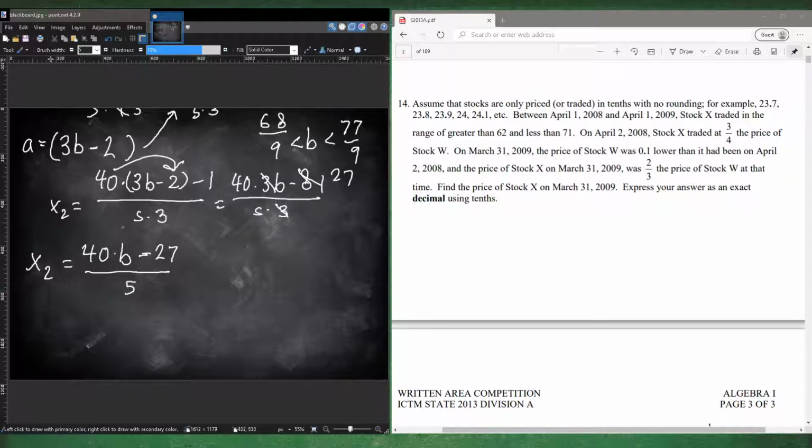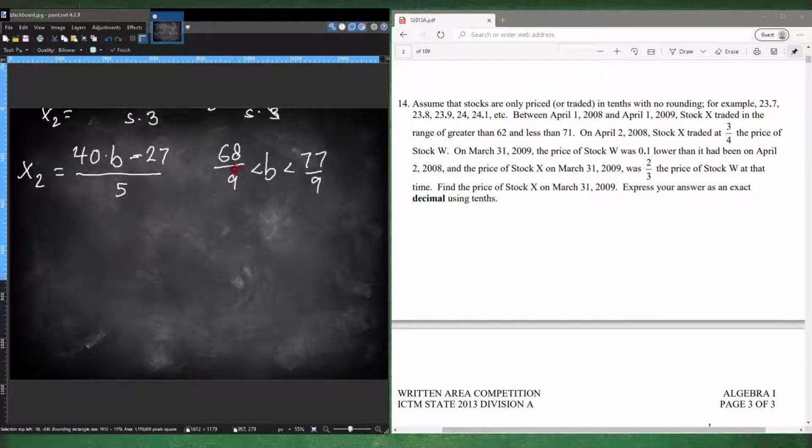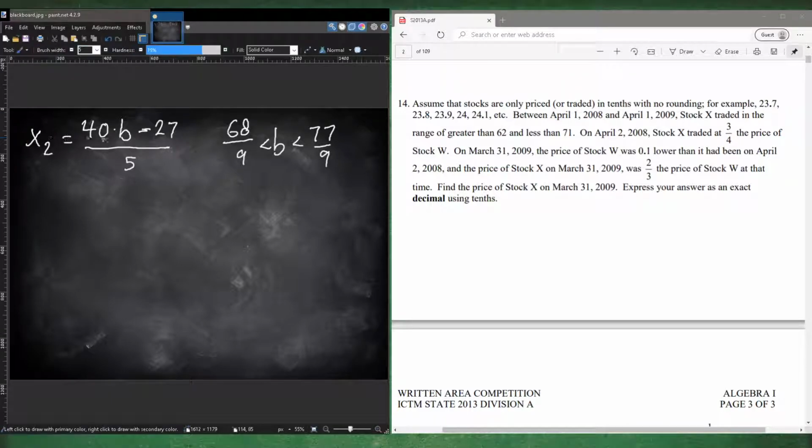So now we have everything, because all the numbers here are always going to be some kind of value of 0.2, 0.4, 0.6, and 0.8. So it's a tenth without any rounding. And we know our bounds are between 68/9 and 77/9. Okay, so let's convert these into fractions to see what they look like. Remember, our numbers for b have to be in the tenths.